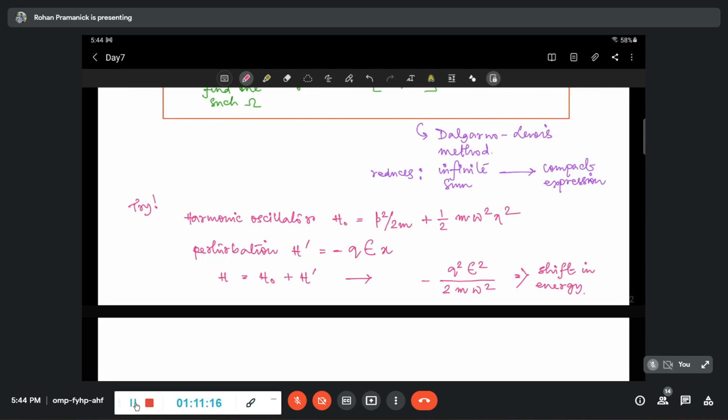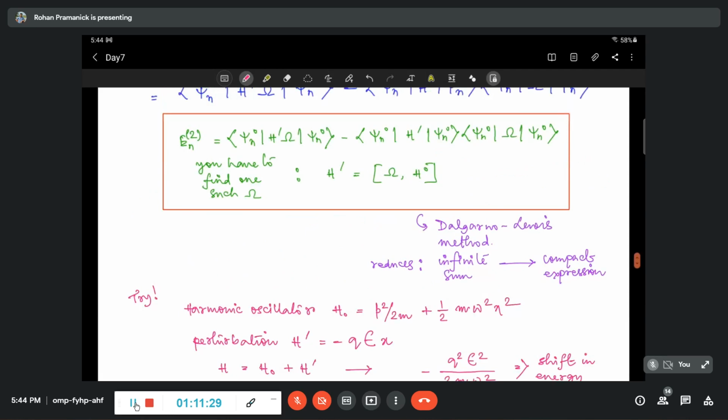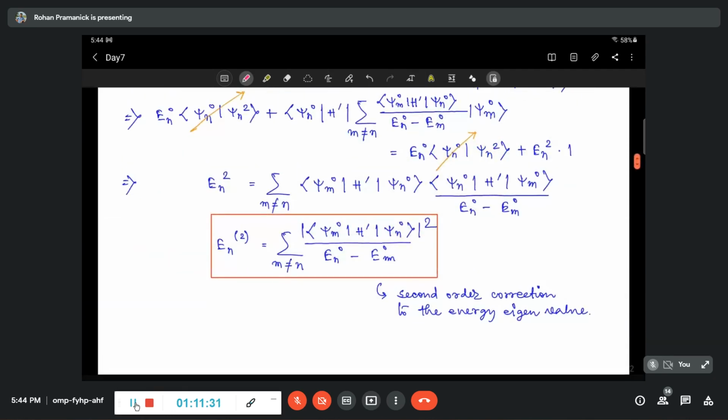But in the previous case we get only the first order, and the higher orders will become zero, right? How are you so sure about that? No, I think I was wrong. So let's just check. Pictorially try to imagine: you have psi m0, H prime, psi n0.